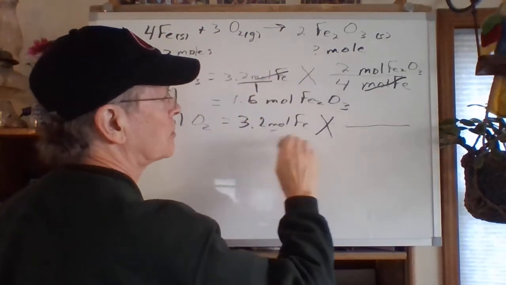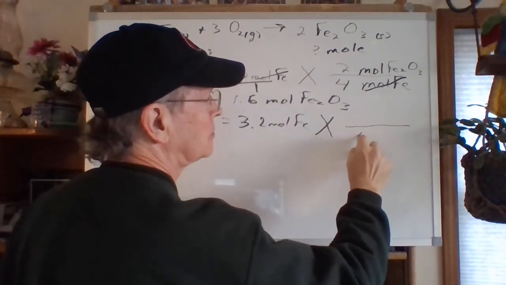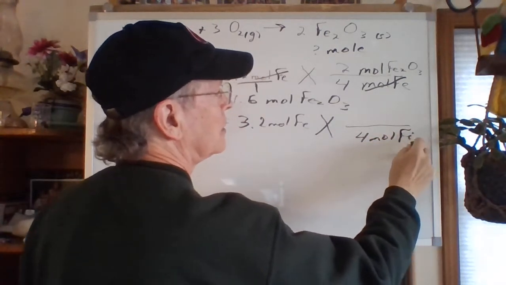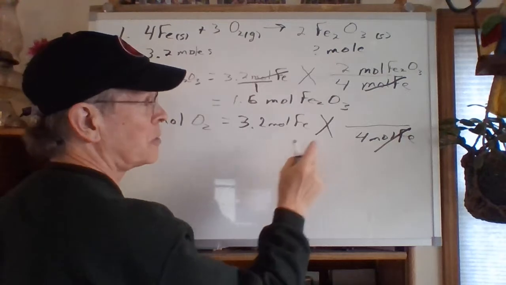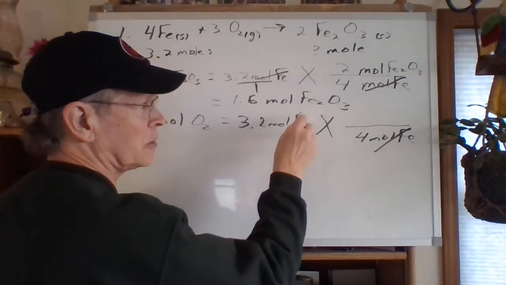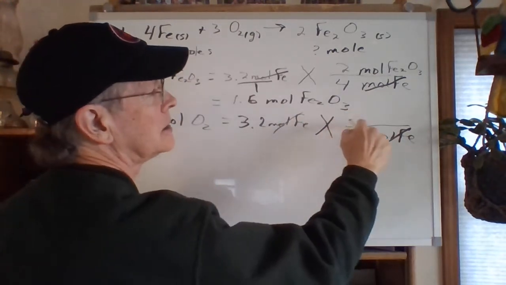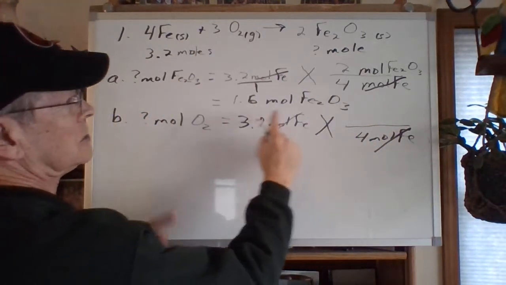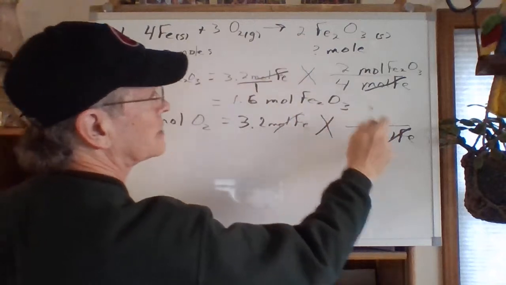We could put this: moles of iron has to go on the bottom again, 4 moles of iron on the bottom. Now the number 4 doesn't cancel, just the unit label. And we're asking for oxygen. How many moles of oxygen? We look at the balanced equation.